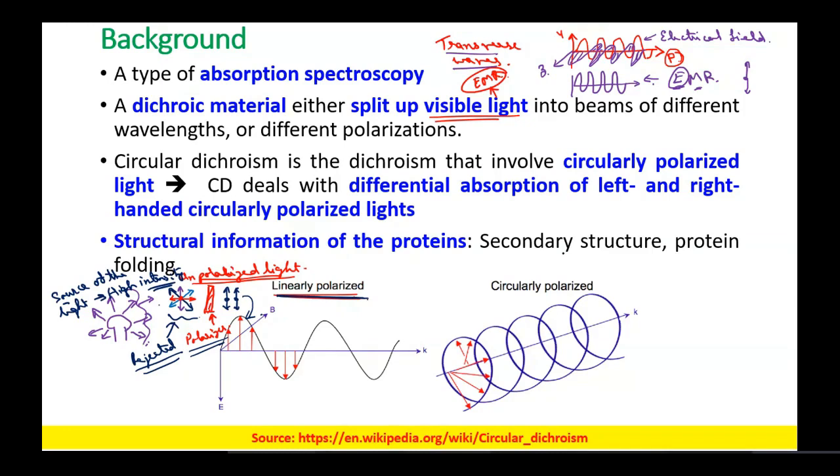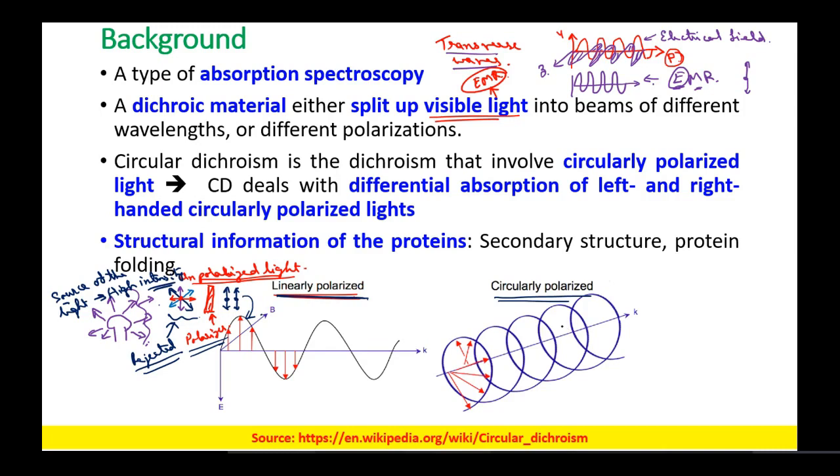Then we have circularly polarized light. In the linearly polarized light, the variation in the electric field was only in the Y domain.